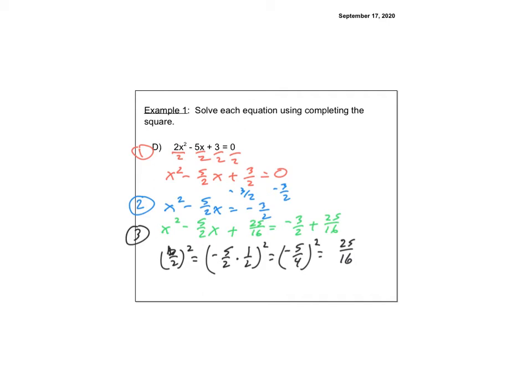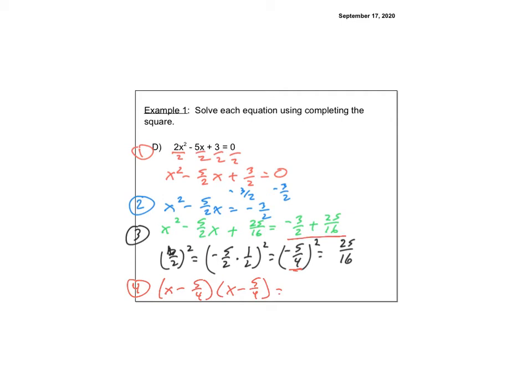Alright, so now we're going to go ahead and write as a perfect square trinomial. So let's do that. So it's going to be x plus b over 2. So what's our b over 2? Negative 5/4. So x minus 5/4 and x minus 5/4 equals, over on this side we have a -3/2 plus a 25/16.